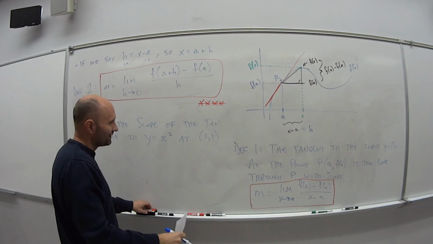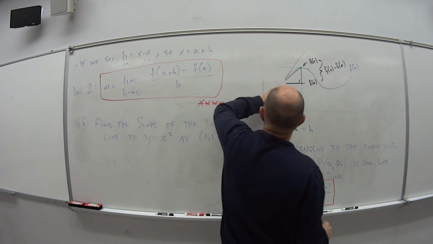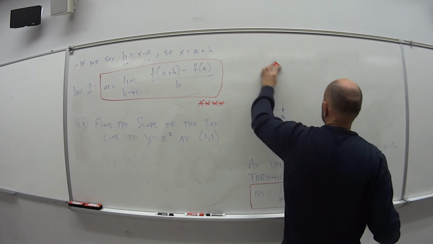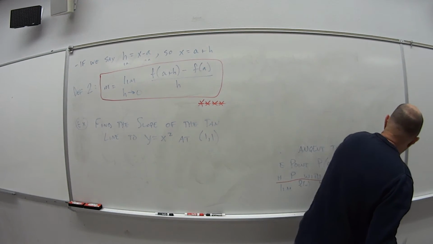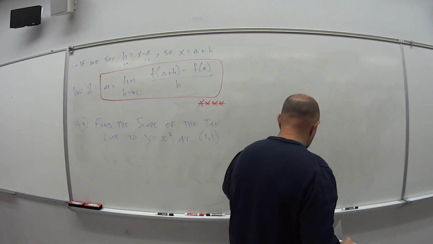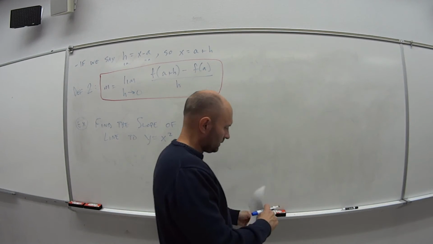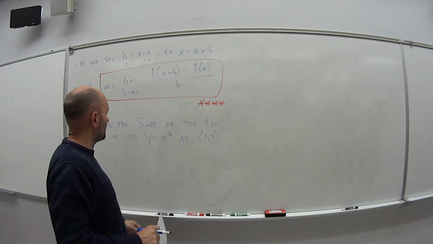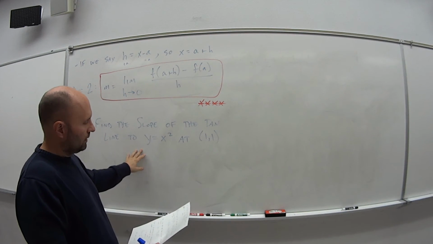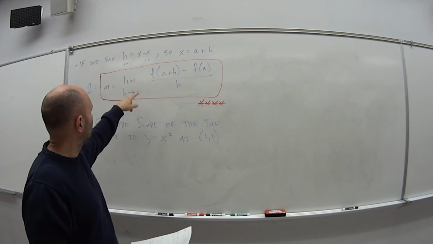So that's the picture we started out drawing. So all I want is the slope at this point. I don't necessarily want the equation of the line, just the slope. So that means I'm going to use this formula here.